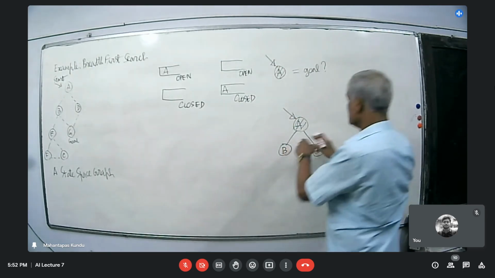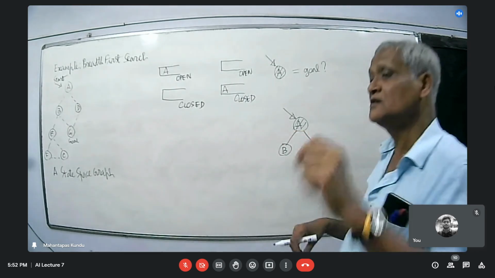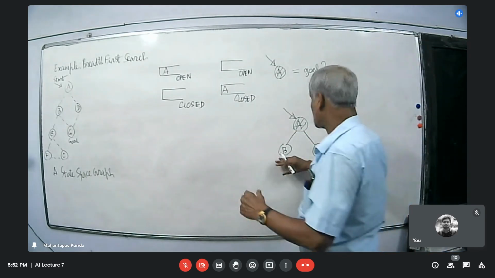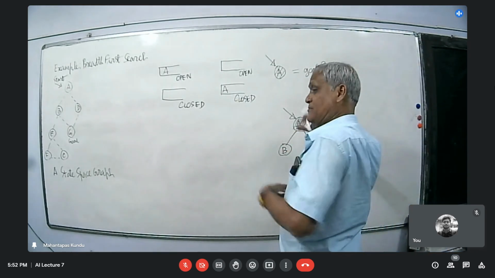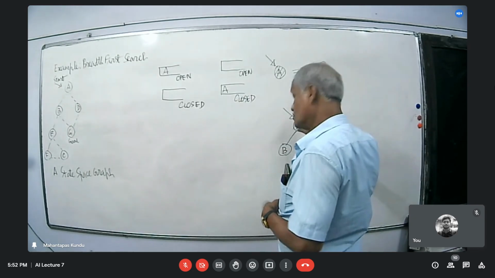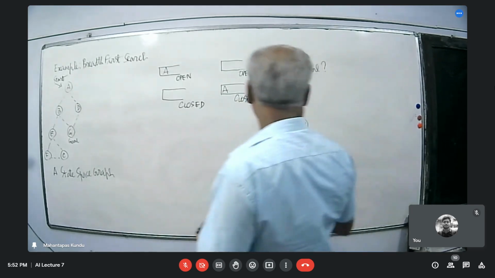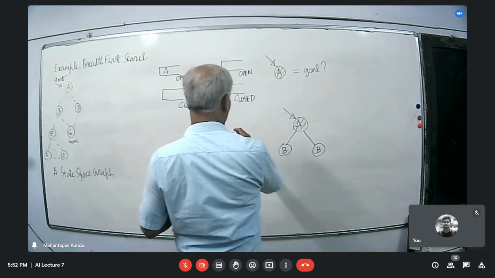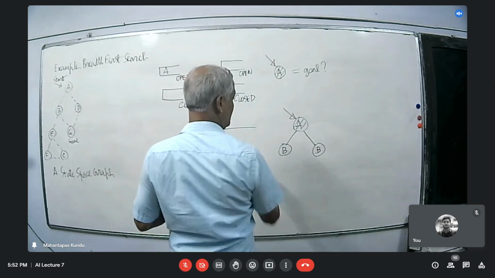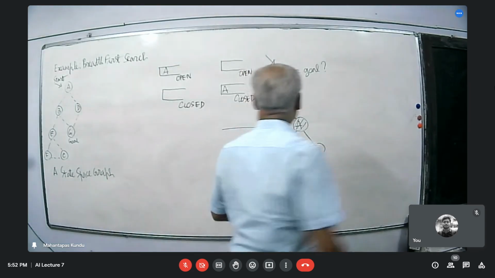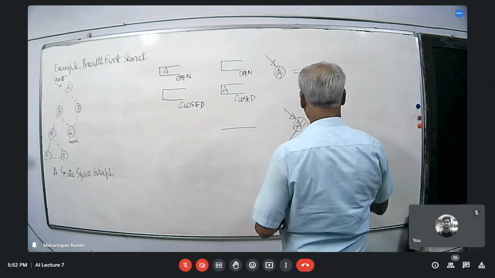Now here I have used solid lines because these paths have been explored; all these successors have been generated by applying a suitable rule on node A. And after these two successors are generated, they will be placed in the open list according to the algorithm.